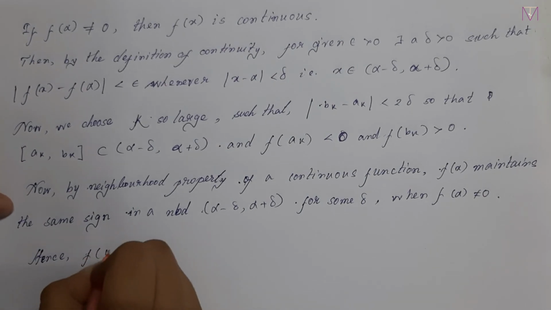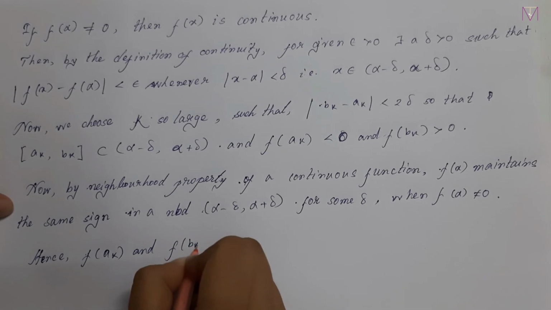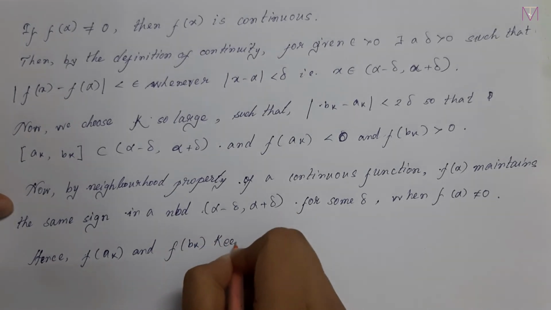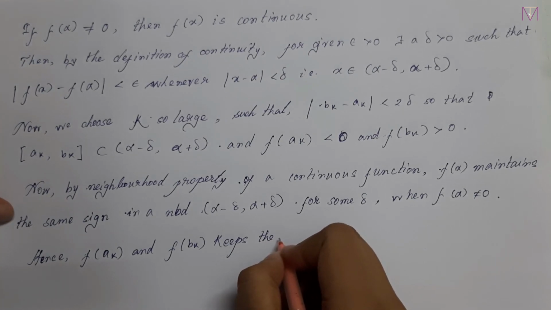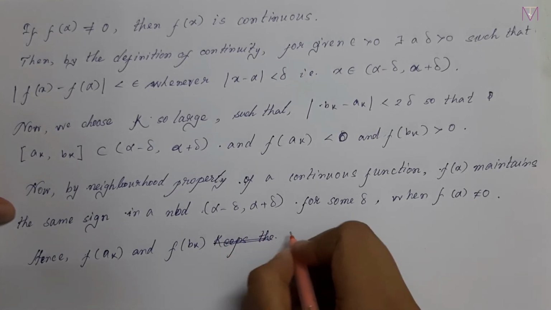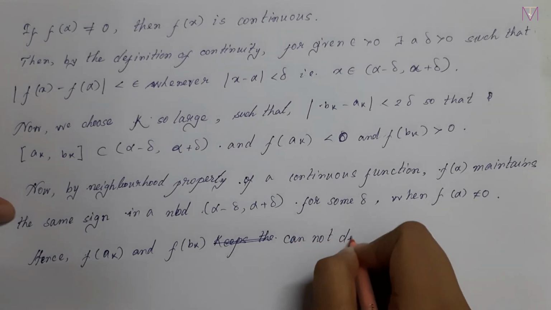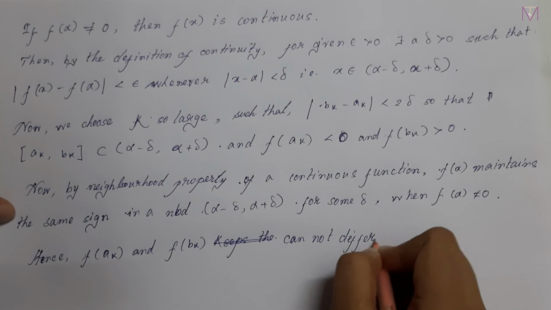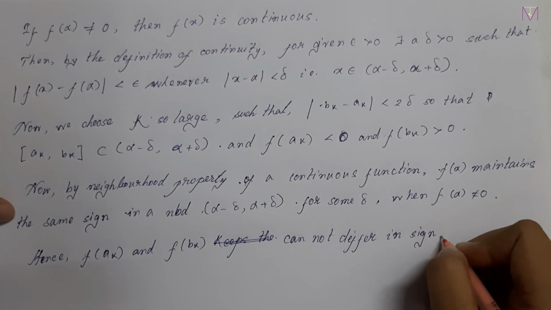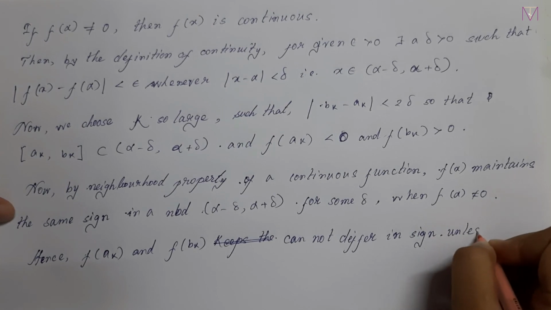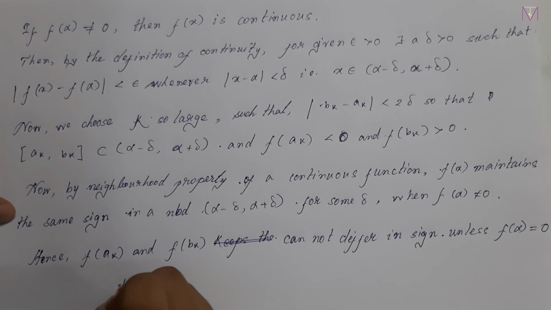Hence f of ak and f of bk keep the same sign, or they cannot differ in sign, unless f of alpha is equal to 0. Hence the theorem.